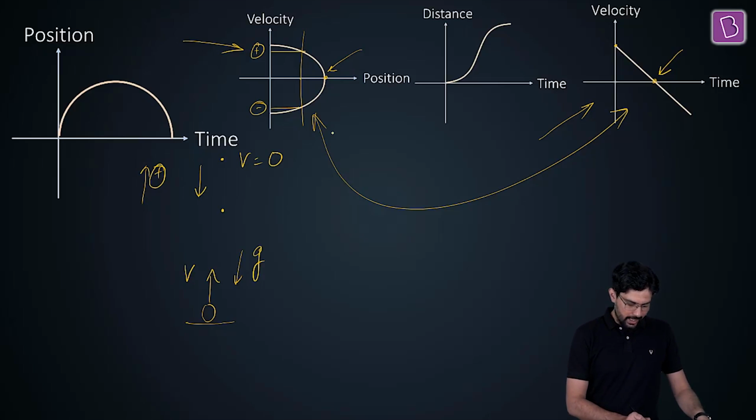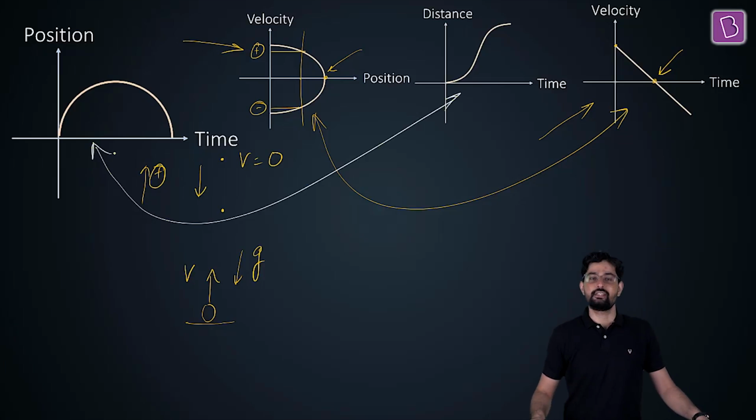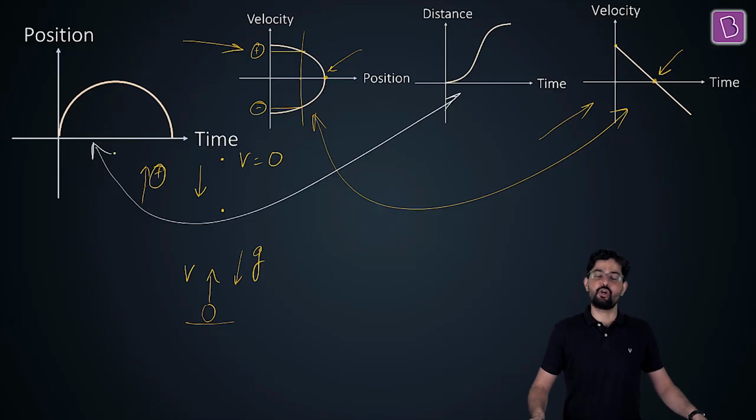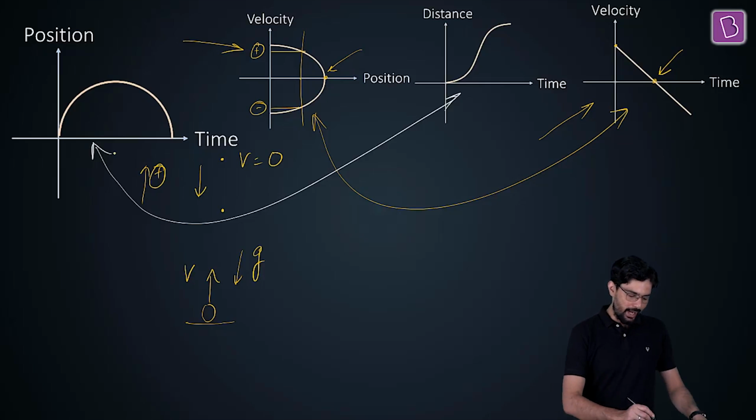Now the conclusion is that one of these two curves is the odd curve. That is, one of these two doesn't represent the same motion that we are talking about. So which one do you think it is? Well, we are not doing guesswork, right? We are trying to analyze it. So let's look at this graph.